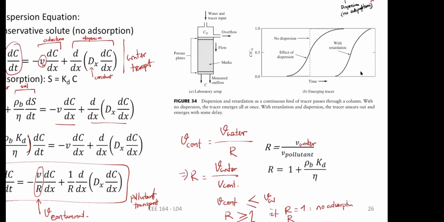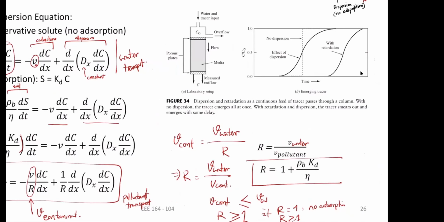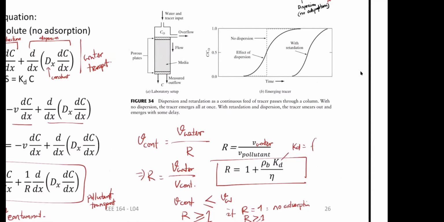If R is greater than 1, that means it's sticking to the soil. And this R, as you see in this equation, is related to bulk density times partition coefficient KD divided by porosity, and KD is FOC times KOC.